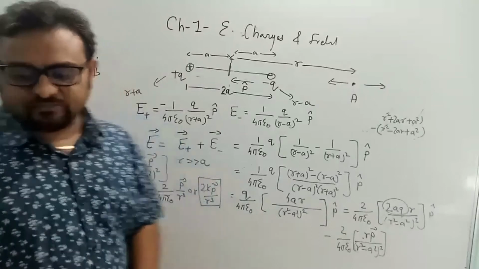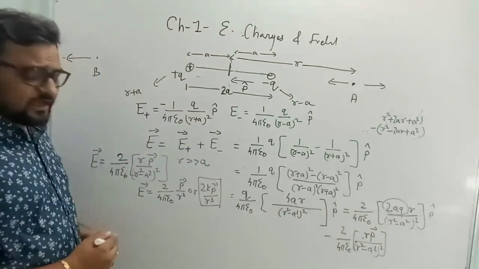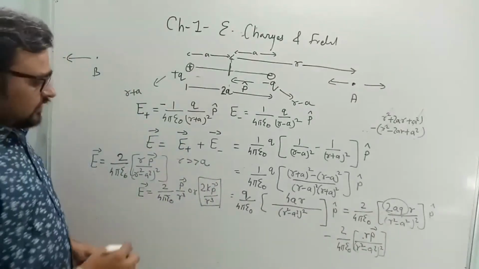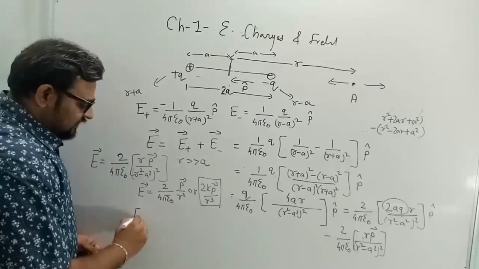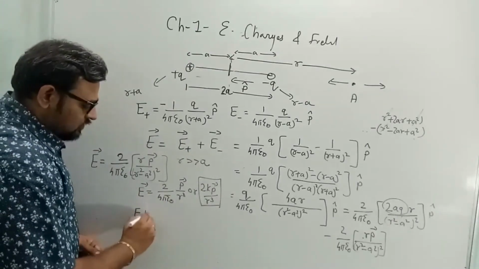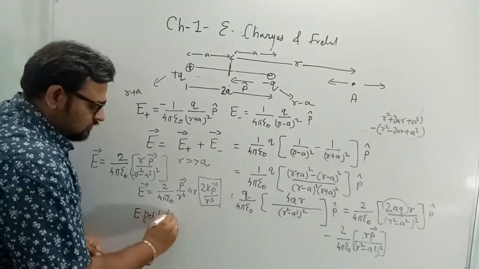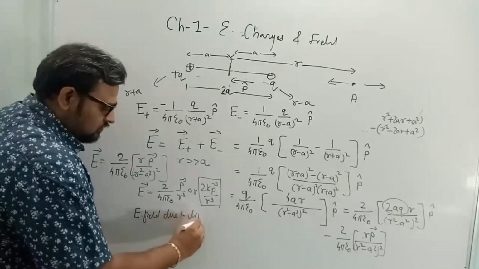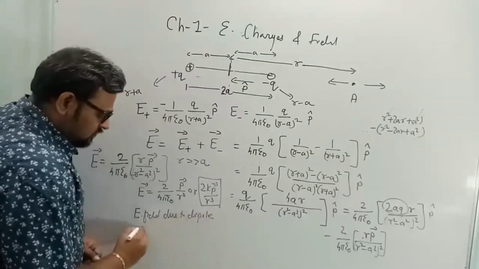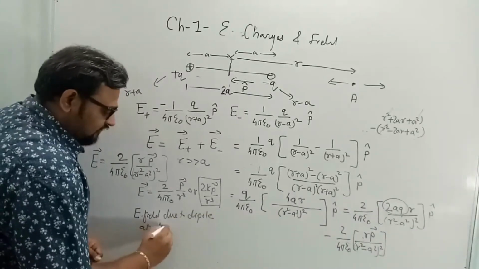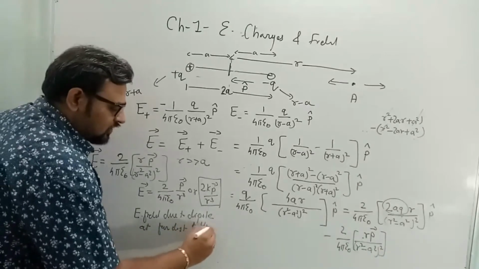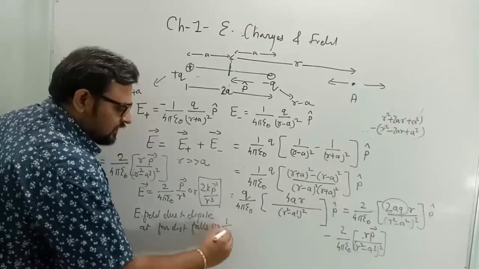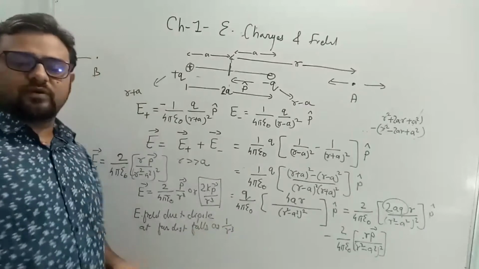Okay, so see here, you can write it down here that electric field due to a dipole at far distance falls as 1 by r cube.